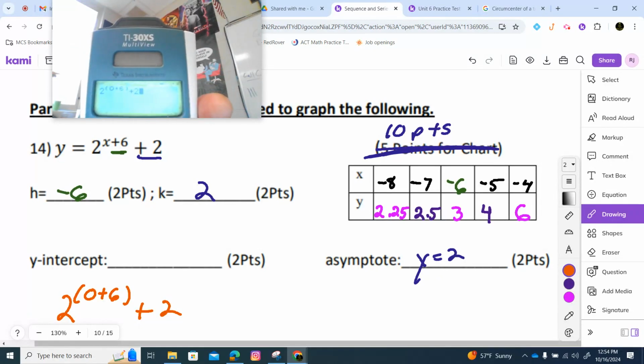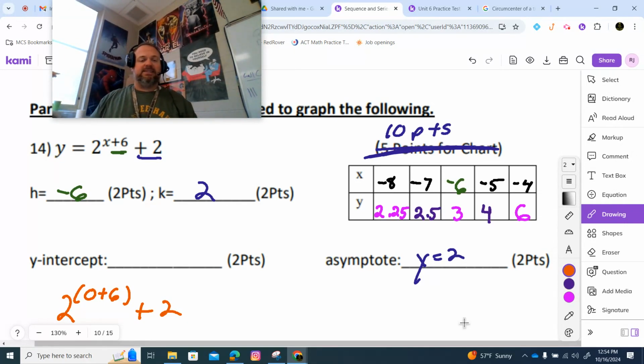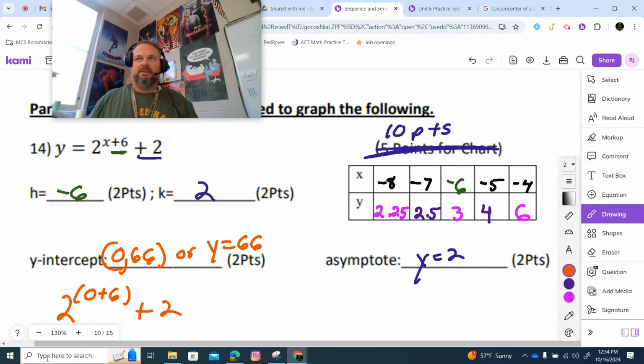I sure can plug in that zero. All right, we get 66. So we can write it like this or this. It doesn't matter. You choose. Look, it should be big. Look, when x is -4, it's 6.